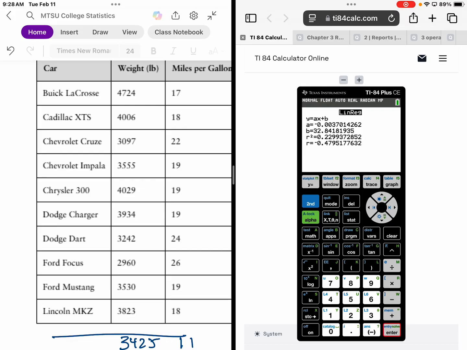Is that one of the lurking variables causing that drastic of a decrease in the miles per gallon? Because right now it doesn't look like weight. Obviously the Buick LaCrosse is a heavier car by 1,300 pounds, a little bit more than a half a ton, and it gets better gas mileage. So there's got to be something in the components of the engine itself that's causing that.